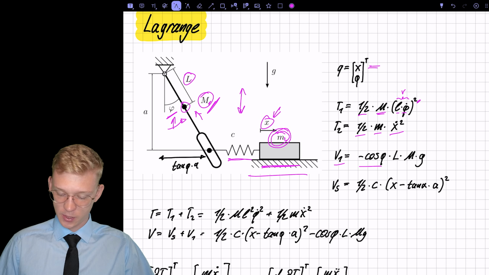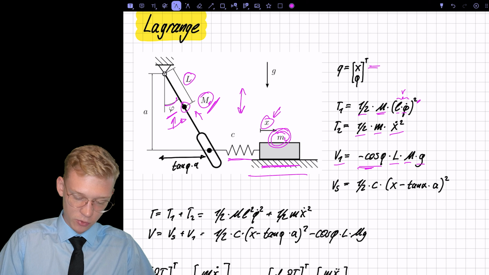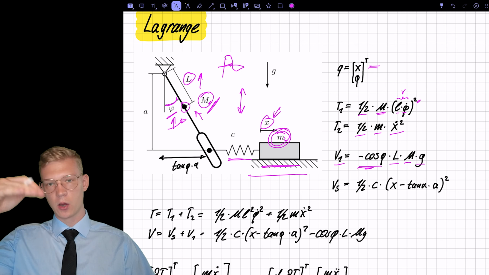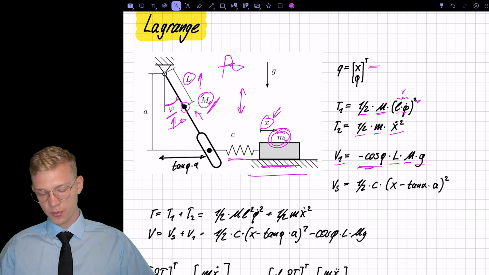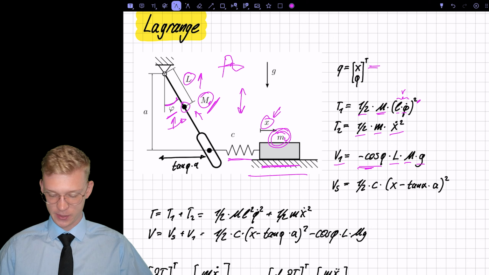We have minus cosine phi times L times M times G. We have a minus because if we increase the angle, our potential goes up, but the cosine goes down first.